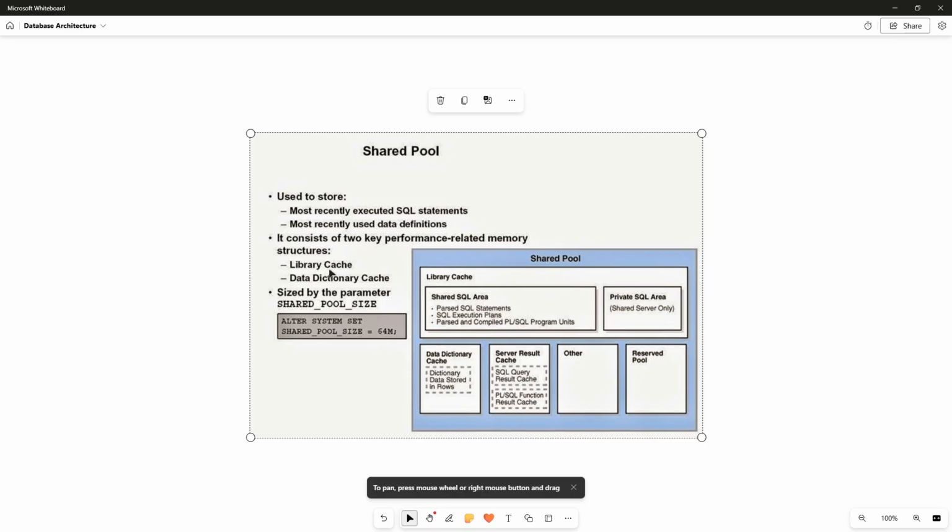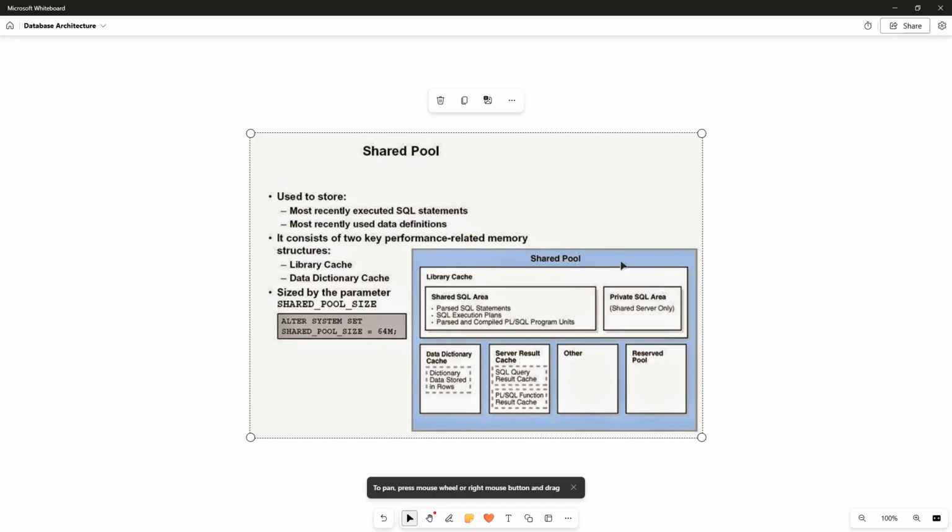One is library cache and the other one is data dictionary cache. So it's a very important memory component. We all have to understand and remember this. For your database performance, when you want to tune your database performance, this is one of the places where you can look at parameters and change them and make your database optimized.